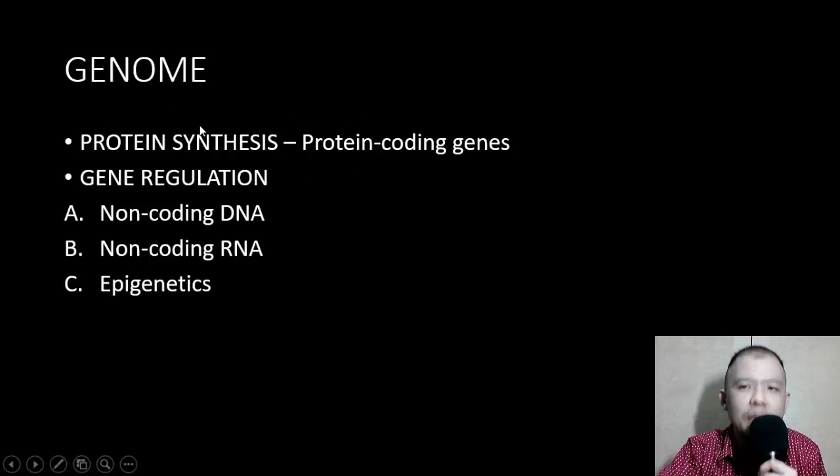The total genome is 3.2 billion base pairs. Out of those 3.2 billion base pairs, you have 1.5%, which is 20,000 genes, responsible for protein synthesis. And the rest, which is the 98.5%, is involved in gene regulation.